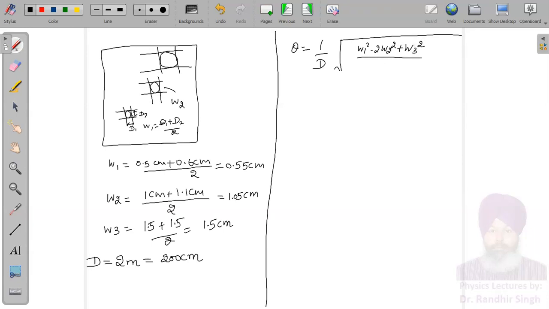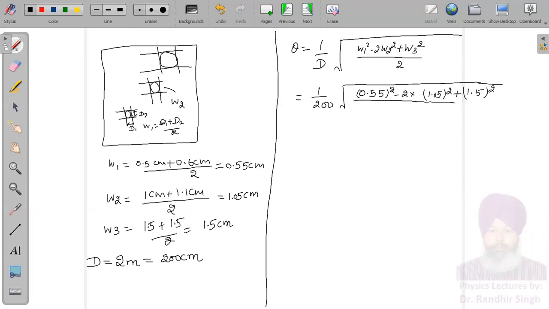Here D is 200, W1 is 0.55 its square, minus 2 into W2 is 1.05 its whole square, plus W3 it is 1.5 its whole square. Let me start my calculator.